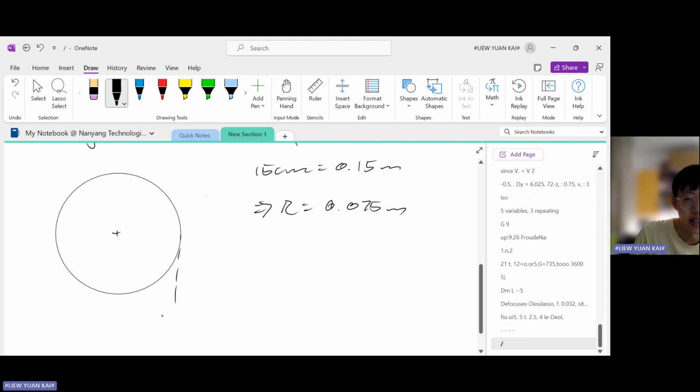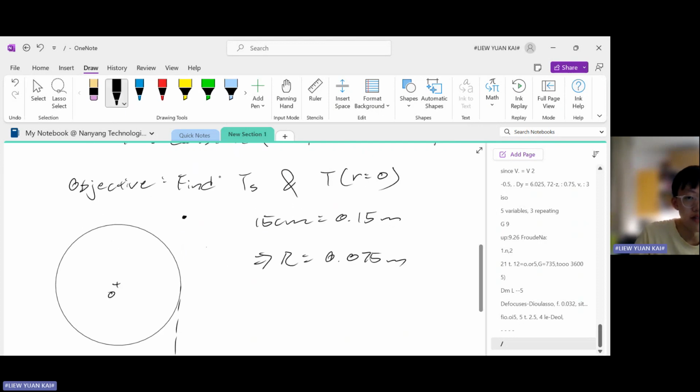So the radius occurs at 0.075, and this is the center where it's 0. And then it's losing heat to the surroundings via convection. So T infinity, they say, is 0 degrees Celsius.